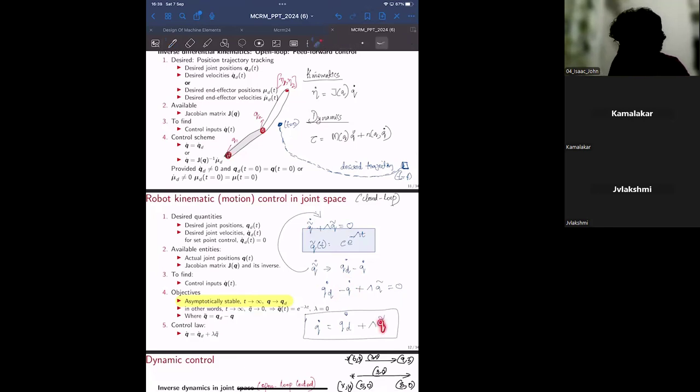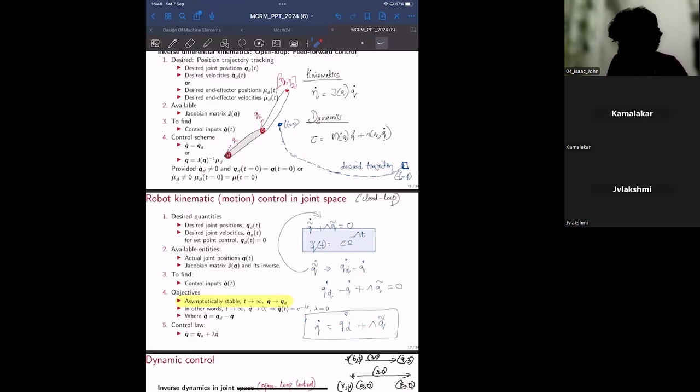So there is always an error term actually. Whenever there is an error, the controller will give a control signal that is proportional to this error, in velocity level, plus some feedforward term to offset some of the initial errors.